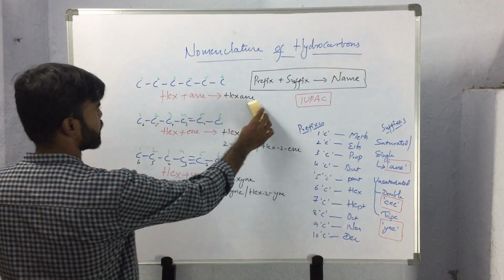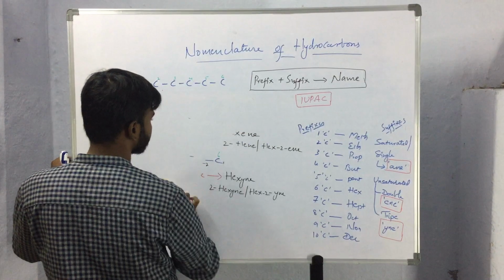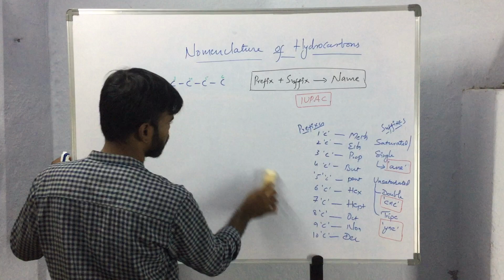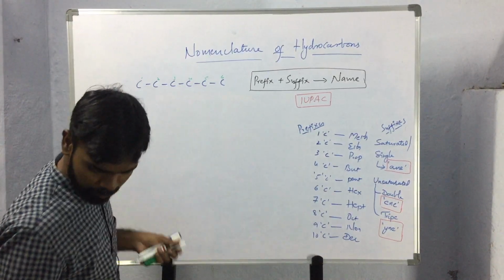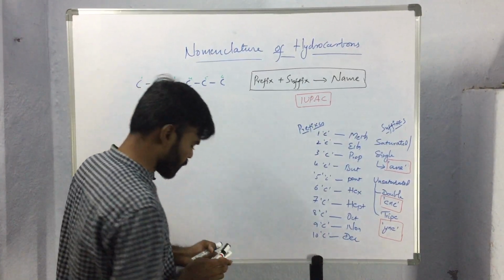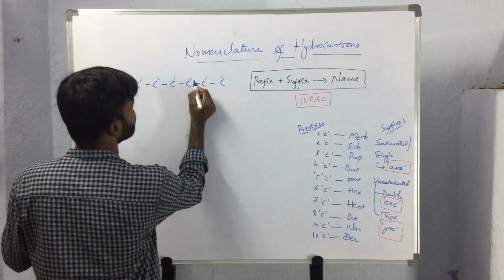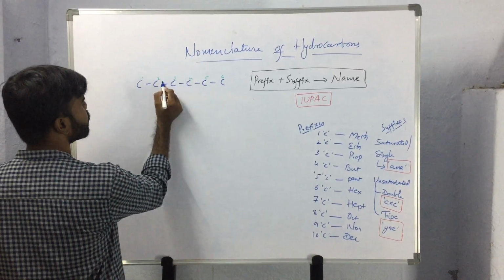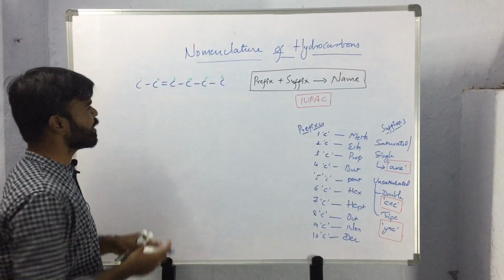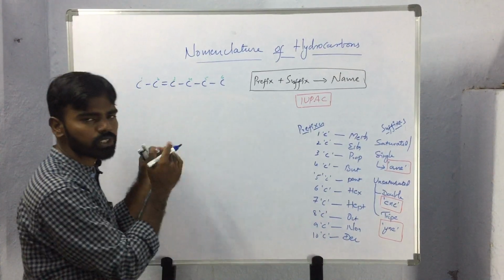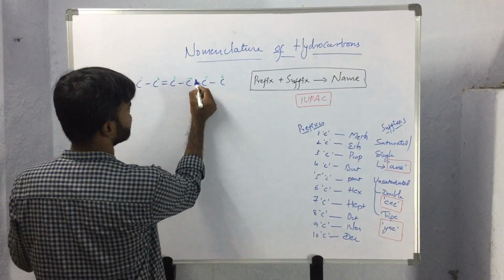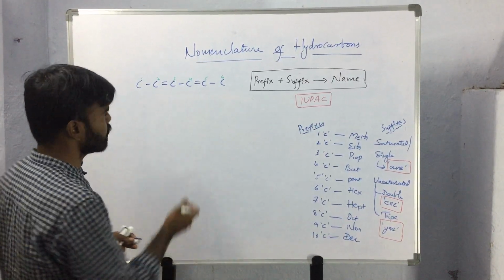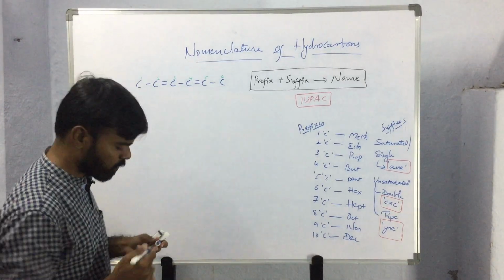So we will consider some other cases. What if multiple unsaturations are present? Let us consider the compound is having multiple unsaturations. In that condition, how will we name the compound?